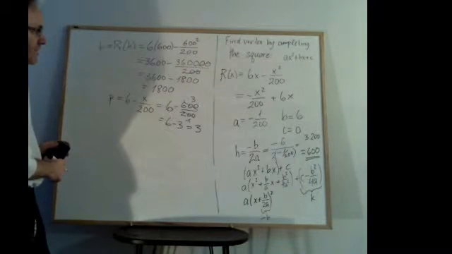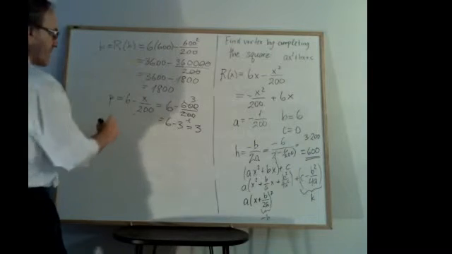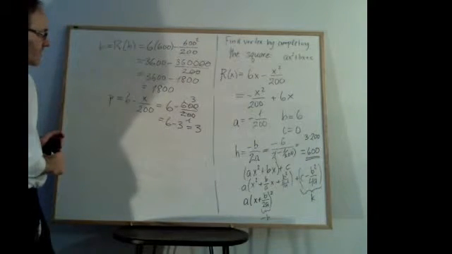What's the total x again? It's 200. Yeah, so something went wrong here with my calculation. Let's see what I did wrong. Oh no, it's okay.